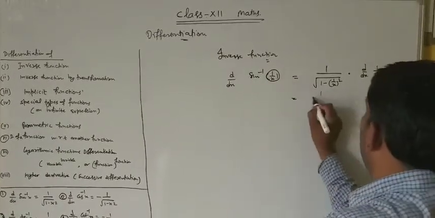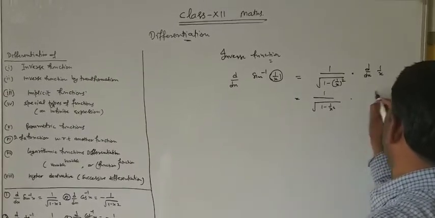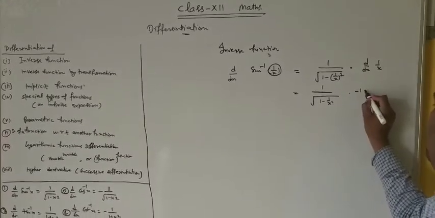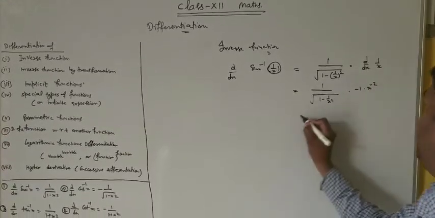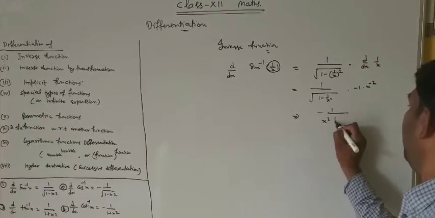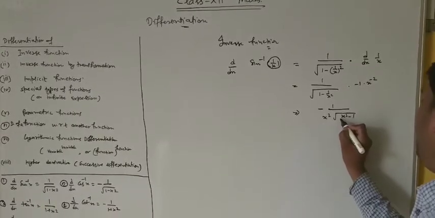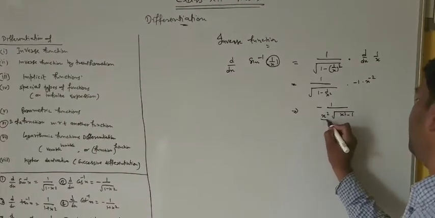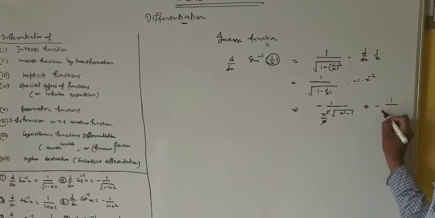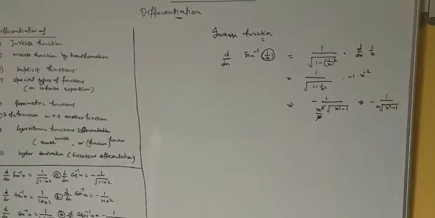What can you write? 1 upon under root 1 minus 1 upon x square, into differentiation of x power minus 1, which means minus 1 into x power minus 2. So it implies minus 1 upon x square under root of x square minus 1 upon x square, which means here it will be x. So its differentiation will be minus 1 upon x under root x square minus 1. In this way we can solve.